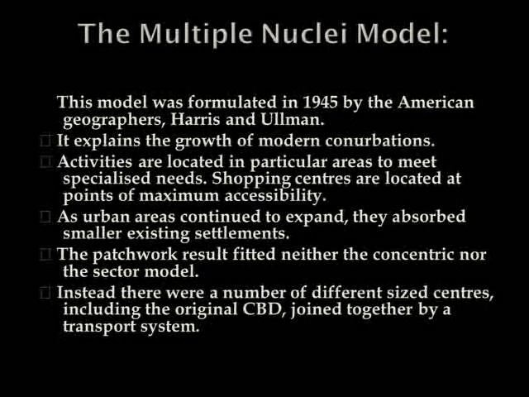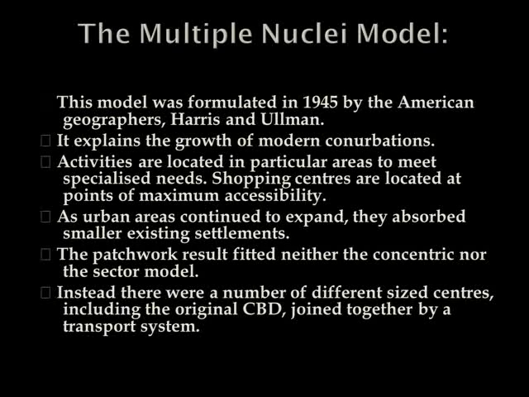The other model is the multiple nuclei model. This one, they say, explains the growth of modern conurbations. Guys, what is a conurbation? Remember, when we were talking about cities from their size, small to complex, the simplest one is an isolated farmstead, and the largest one, you remember that?